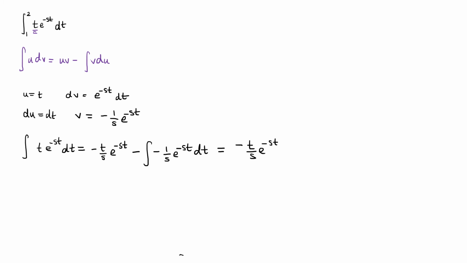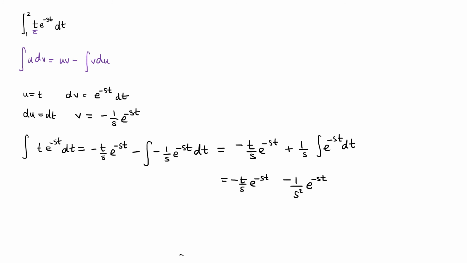We've got two negatives, so this becomes plus 1 over s, the integral of e to the negative st dt. Again, we can always use a u substitution to do this integral. This one is pretty straightforward though. So we end up with minus 1 over s squared e to the negative st.